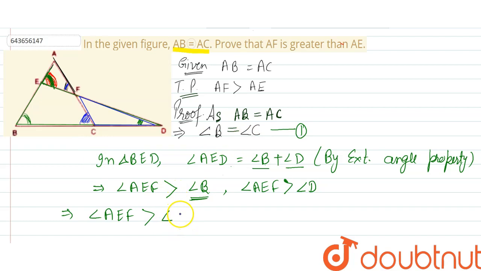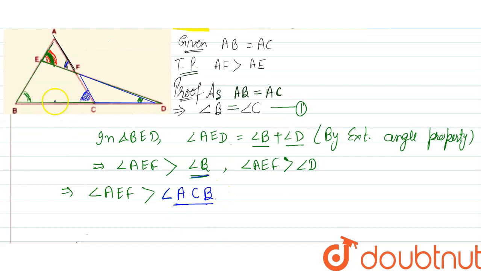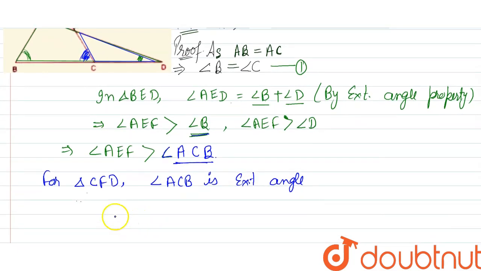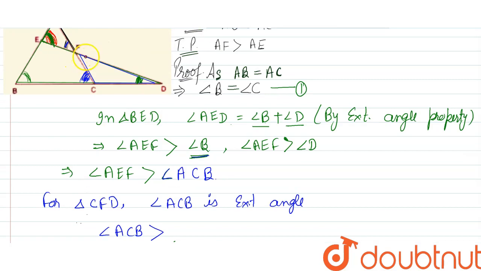Let's write the full name of angle C, that is angle ACB. So in place of B, we are writing angle C as both the angles are equal. Now this angle ACB is again an exterior angle for triangle CFD. So by the same exterior angle property, angle ACB will be greater than the two interior opposite angles.